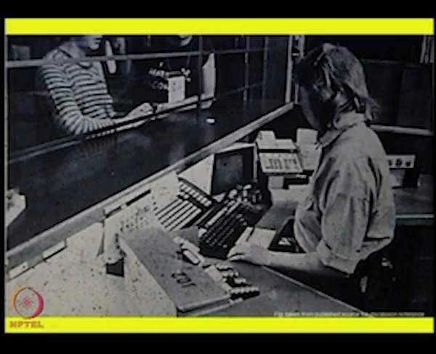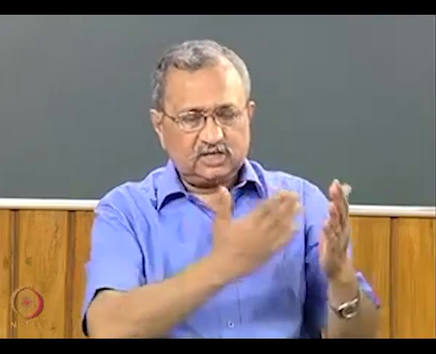Now, this reminds us of a specific work area, the railway reservation counter. In a railway reservation counter, the counter person who sits inside has a computer and keeps the monitor facing towards himself. When he works, he sees that computer.